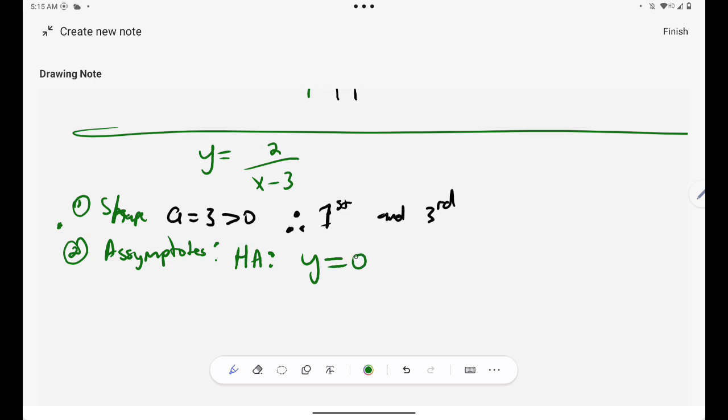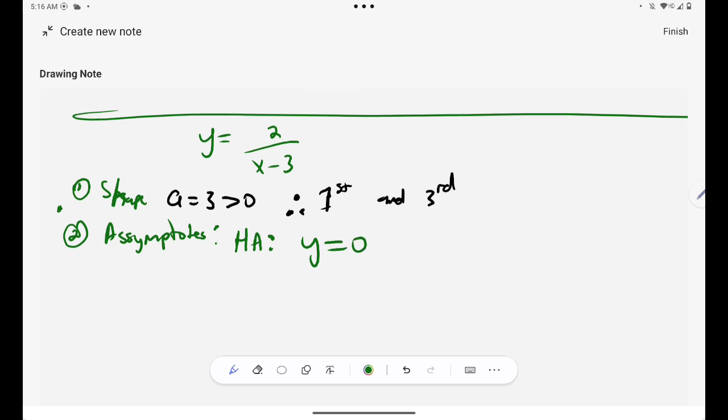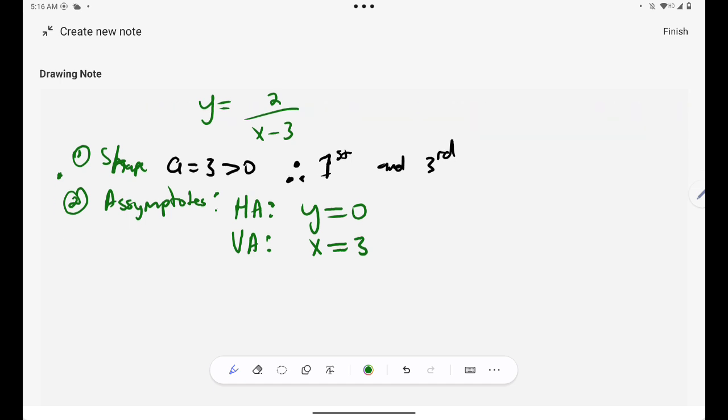So y will be equal to 0. Are you together? But for my vertical asymptote, when x is equal to 3, my graph does not exist, because when x is 3, this entire thing will be undefined. Are you together?